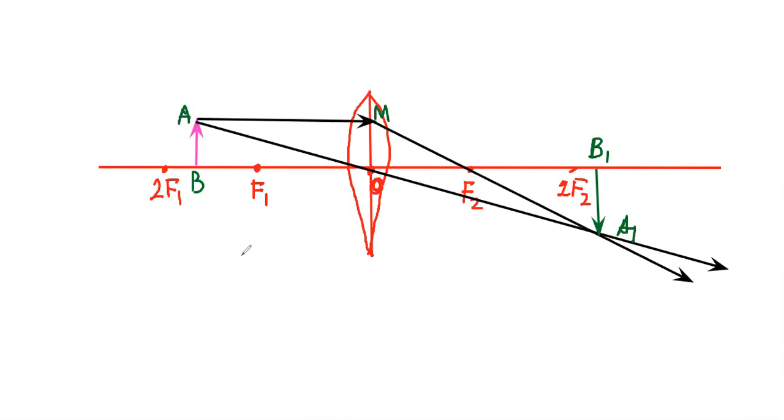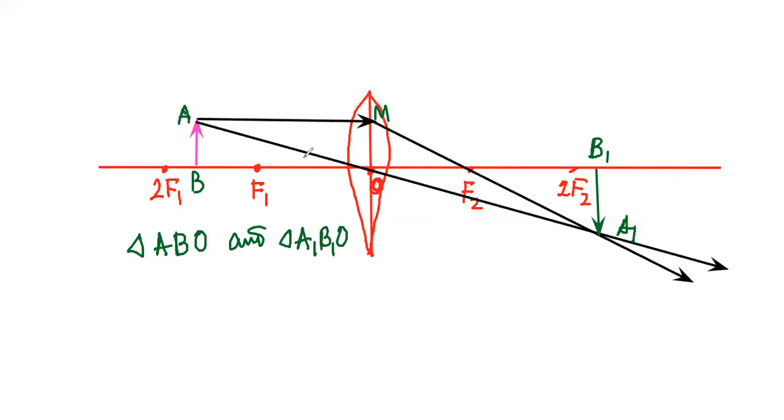Now here we'll consider two triangles, using the basic geometry of similar triangles. I'll consider triangle ABO and triangle A1B1O.